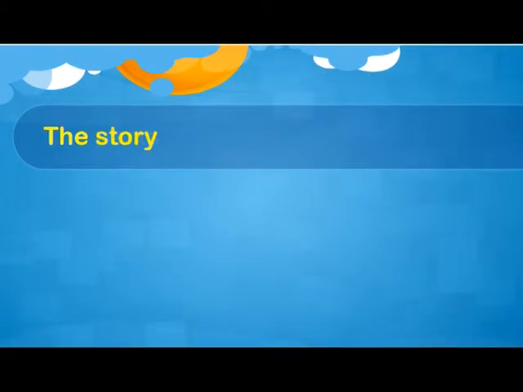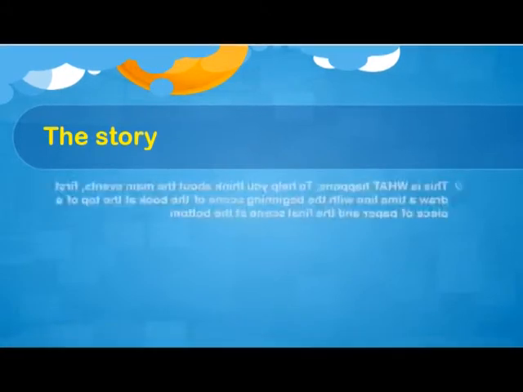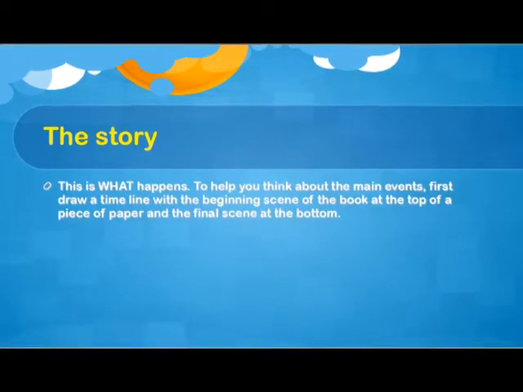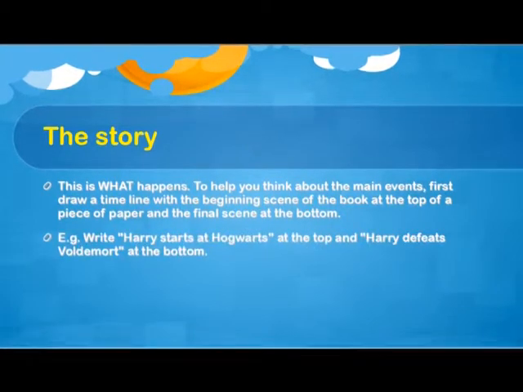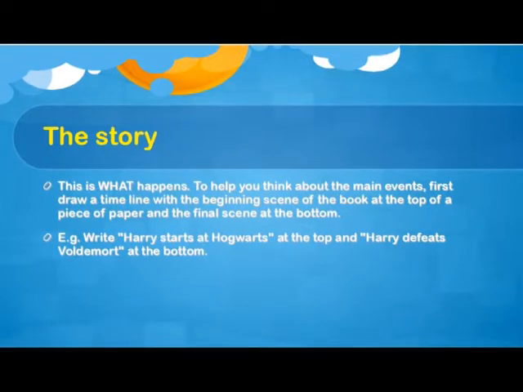So, firstly is the story. This is what happens. To help you think about the main events, first draw a timeline with the beginning scene of the book at the top of a piece of paper and the final scene at the bottom.